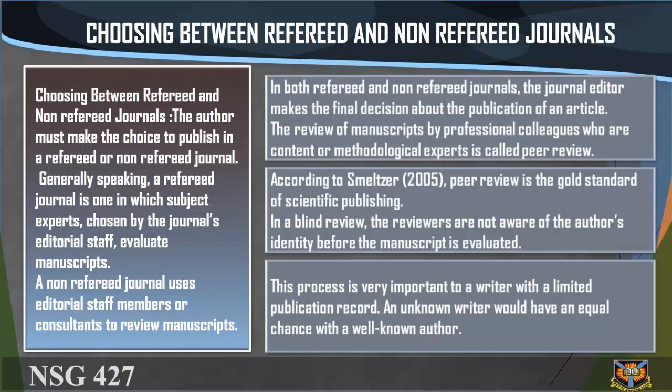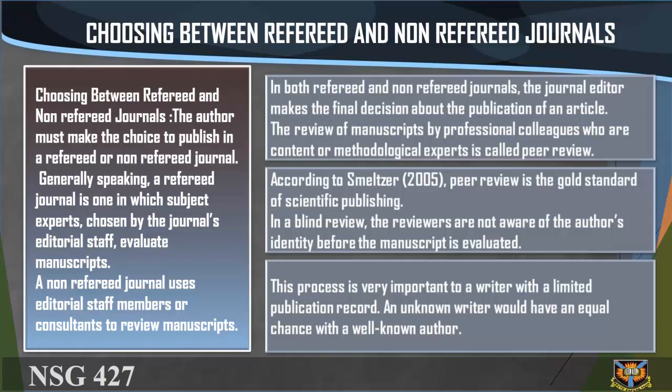The review of manuscripts by professional colleagues who are content or methodological experts is called peer review. According to Smetzer 2005, peer review is the gold standard of scientific publishing. This process allows journal editors to obtain objective opinions about a manuscript from experts in the field.